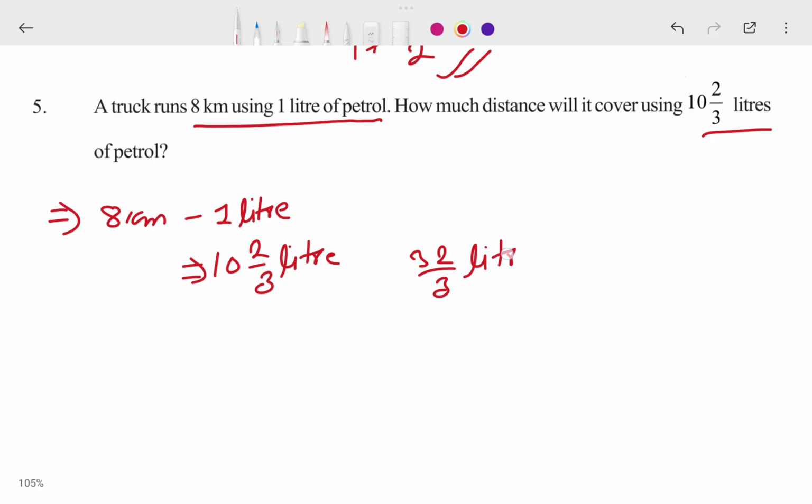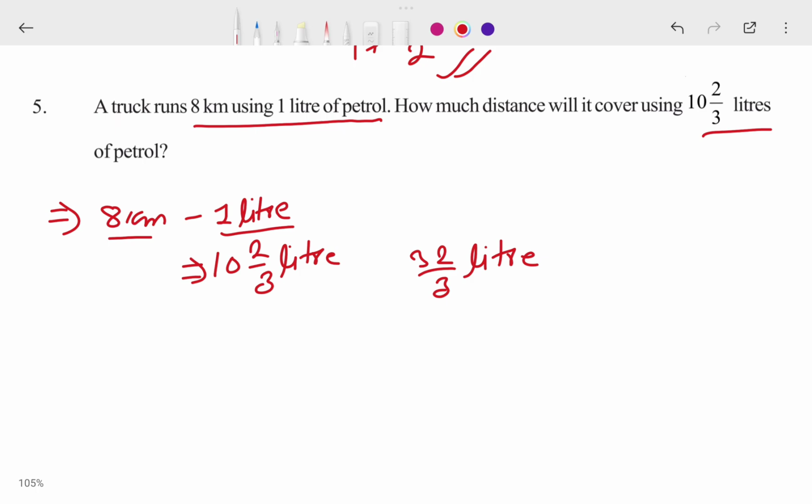If the truck is going 8 kilometers in 1 liter petrol, then how many kilometers will the truck go using 32 by 3 liters of petrol? So when we multiply that, we will understand how many kilometers the truck will go.